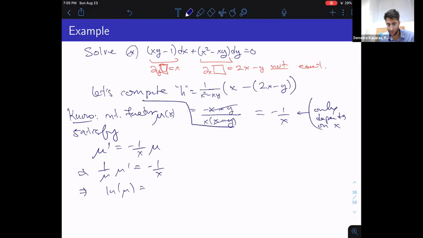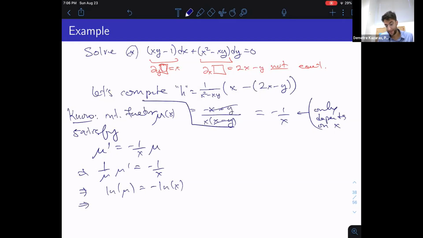On the right-hand side, we'll get minus natural log of x, plus a constant, which will be irrelevant. We just want to find a solution to this differential equation, not all of them. We just want to find some integrating factor, not every possible integrating factor. There could be multiple, so let's just choose the one that has integrating constant 0 for simplicity.